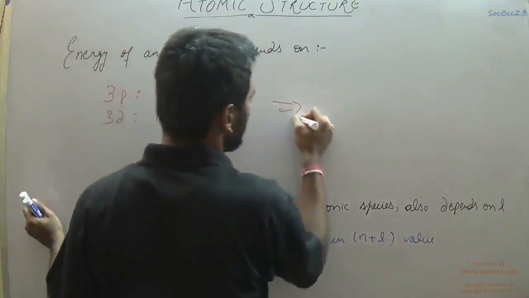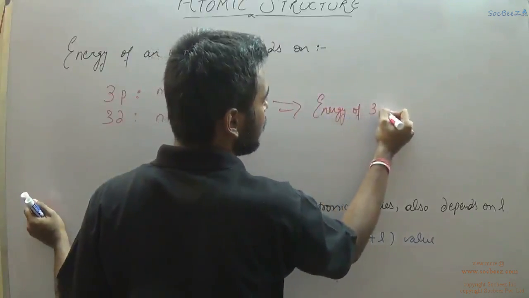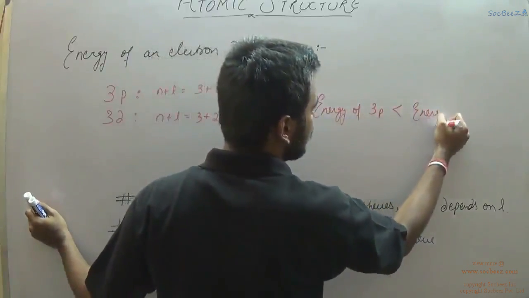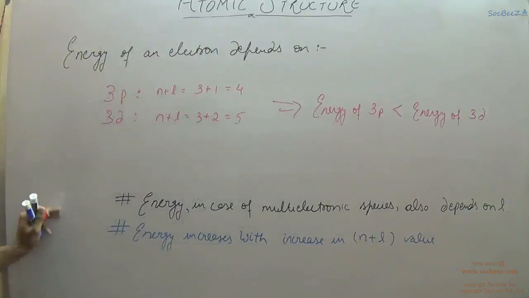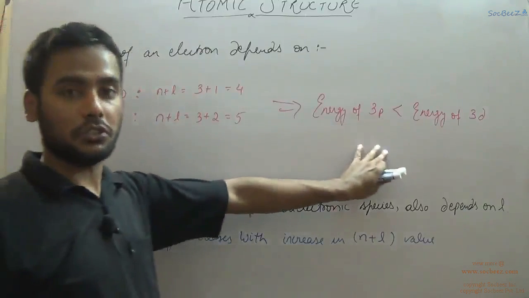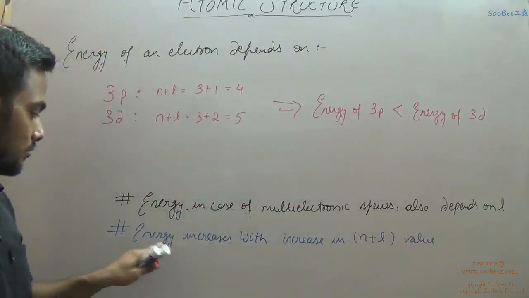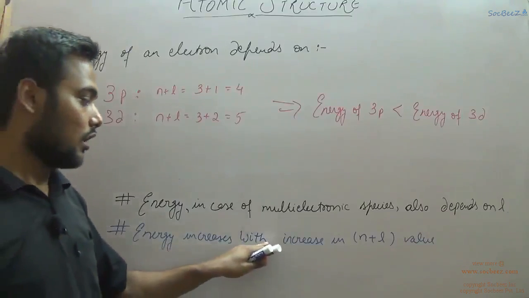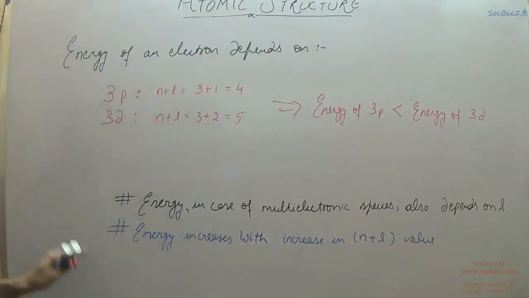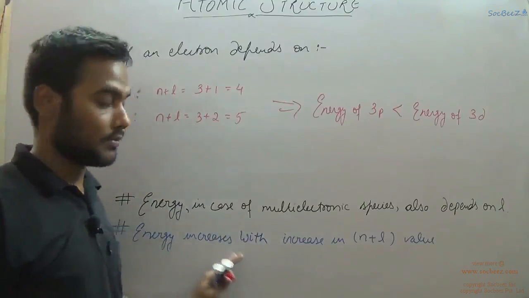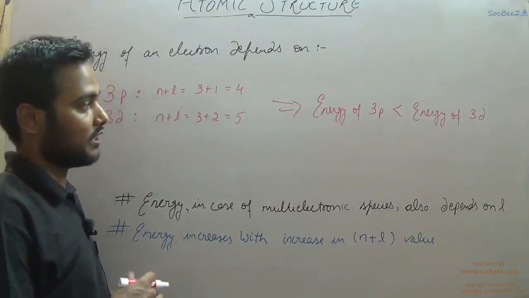So this gives us that energy of 3p is lower than energy of 3d. This is the first fact that you need to remember, because this is going to be the major driving force for writing the electronic configuration of any atom. This is the major concept which will decide the electronic configuration of any atom.